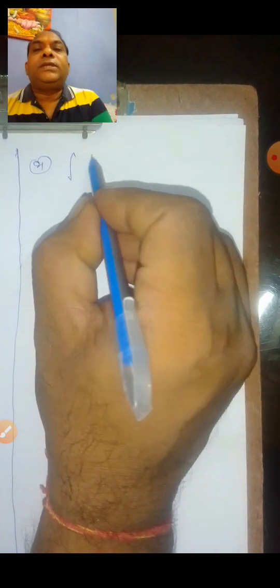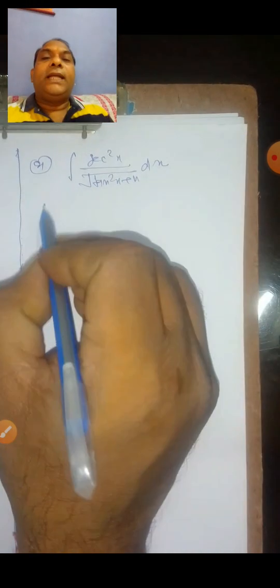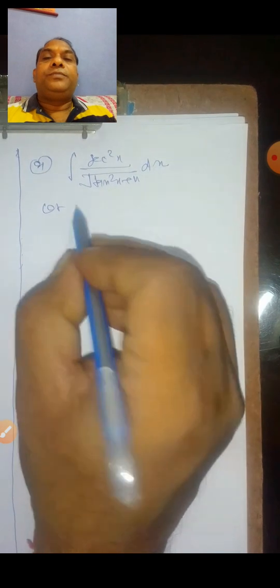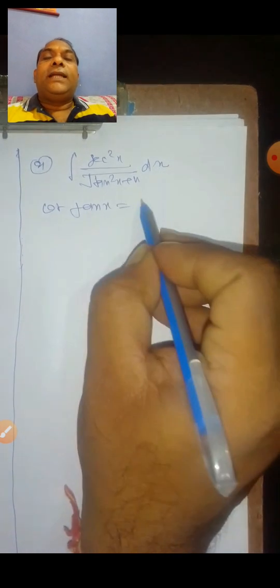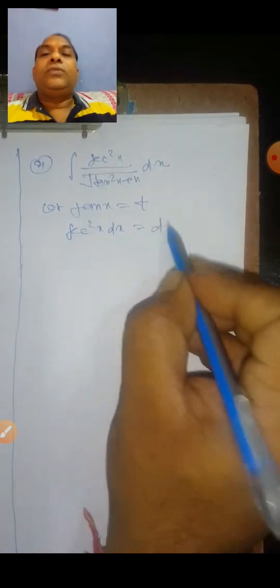Next question, integration sec square x upon root 10 square x plus 4. So let 10x is equal to t, then sec square x dx is equal to dt.